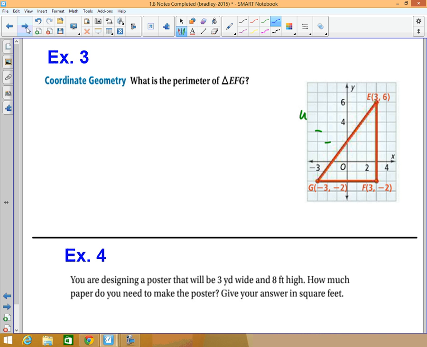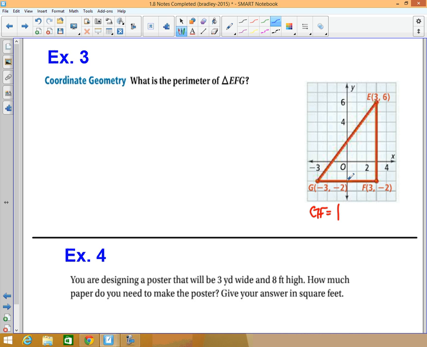Okay. Now, for this one, we want to say what is the perimeter of this triangle. And for perimeter, we need the distance for the sides. So if we look at the two horizontal and vertical sides, then we know that the distance can just be counted, or we could use, you know, GF is equal to the absolute value.